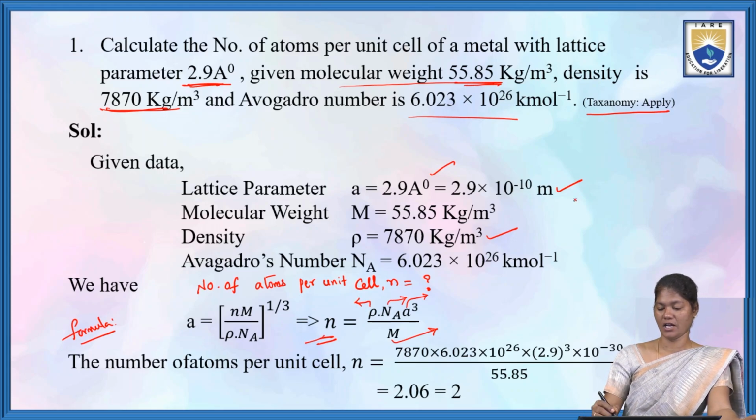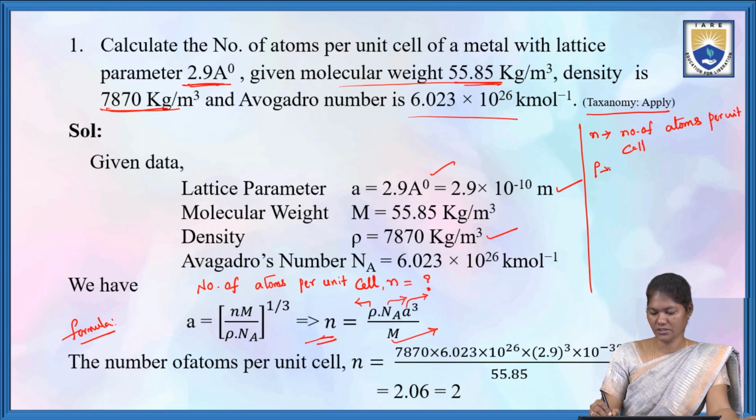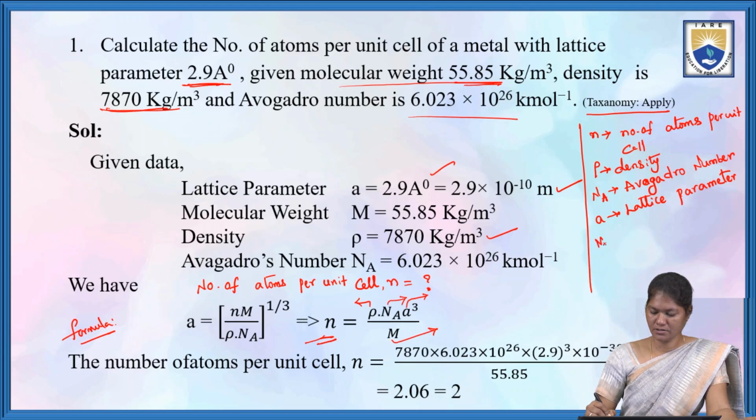N is the number of atoms per unit cell, rho is the density, Na is Avogadro's number, A is the lattice parameter, and M is the molecular weight.